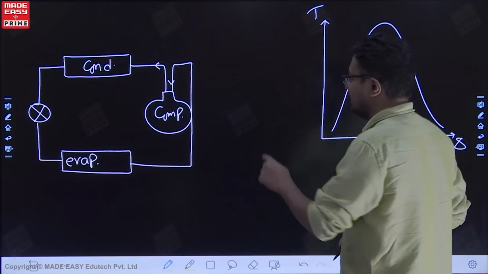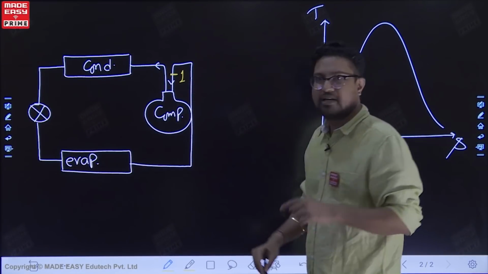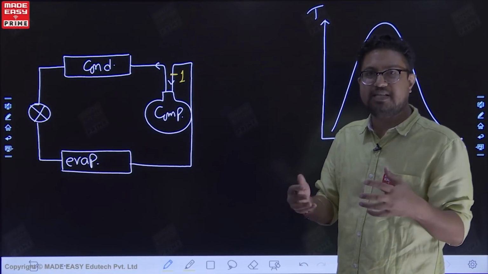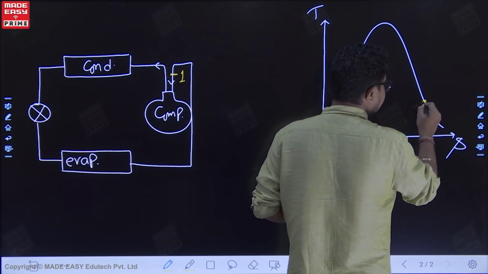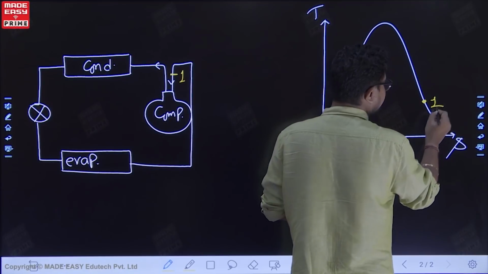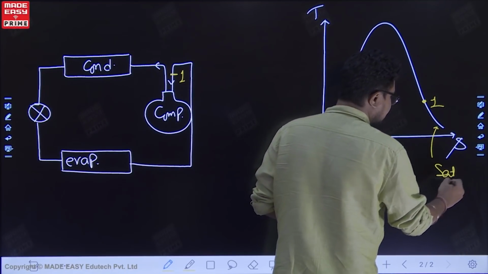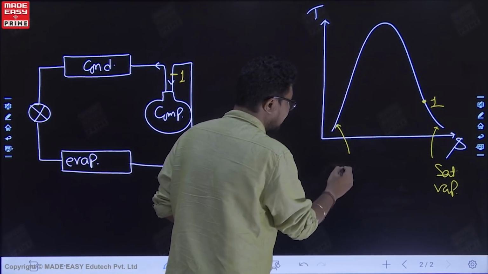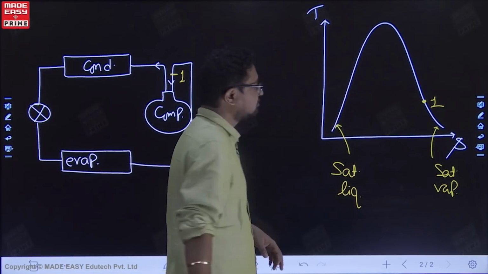In this cycle, suppose this is the point 1. The basic cycle is being talked about, the basic VCRS. So, suppose when I am starting here, this is the point 1. Point 1 is saturated vapor. So, we already know this is the saturated vapor curve, and this curve is the saturated liquid curve.